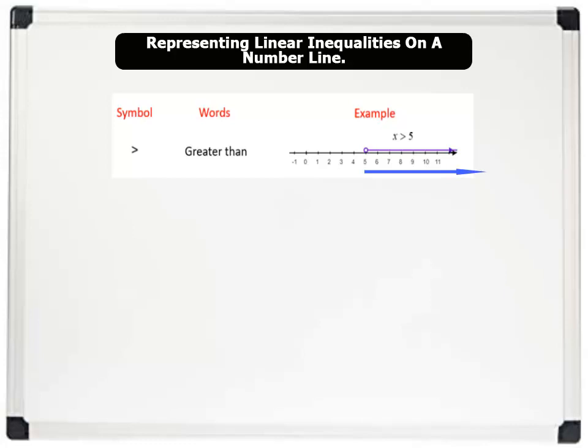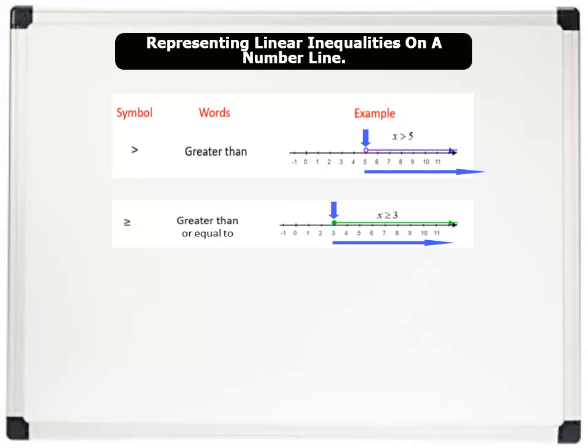To show this, the little circle on top of the number 5 is left unshaded. Example 2. x is greater than or equal to 3. This means that x is greater than or equal to all the numbers greater than 3, including 3. To show this, the little circle on top of the number 3 is shaded.